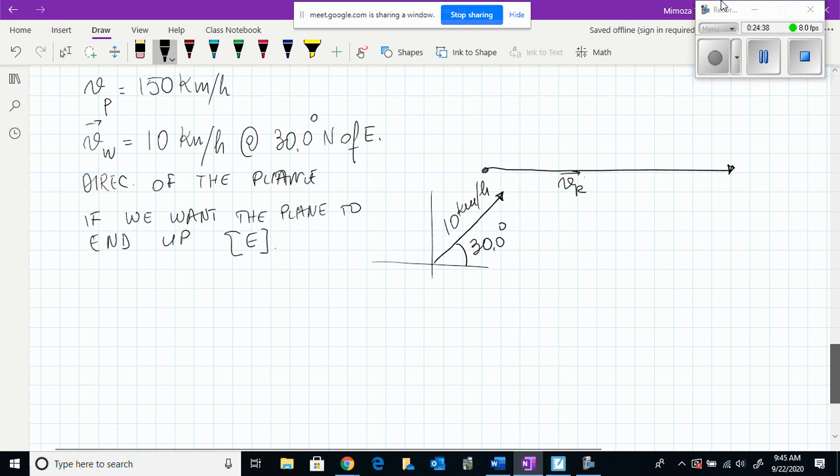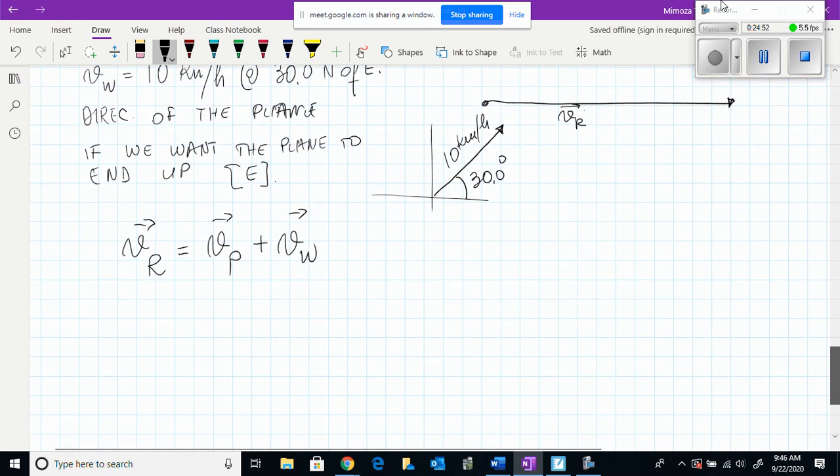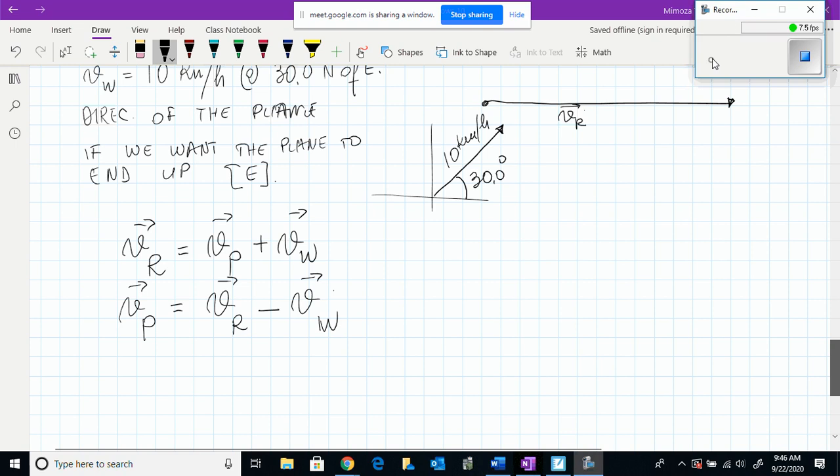We always start with the resultant velocity is equal to the velocity of the plane plus the velocity of the wind. We are looking for the direction of the plane. So the velocity of the plane will be the resultant velocity minus the velocity of the wind. Is it clear up to here?